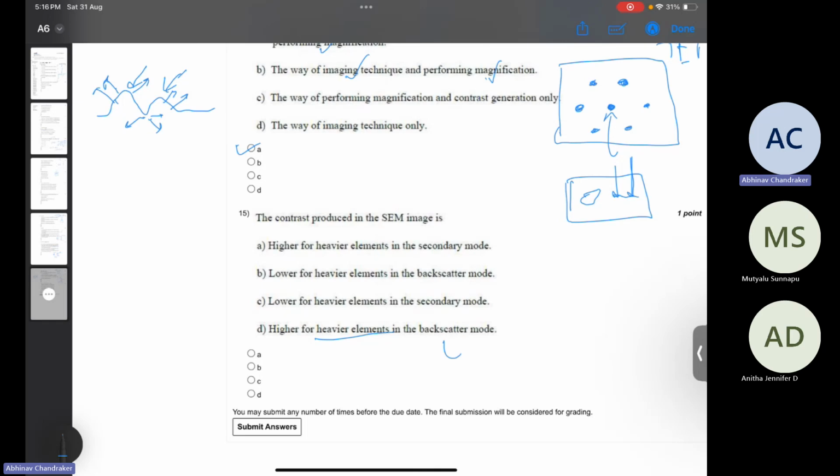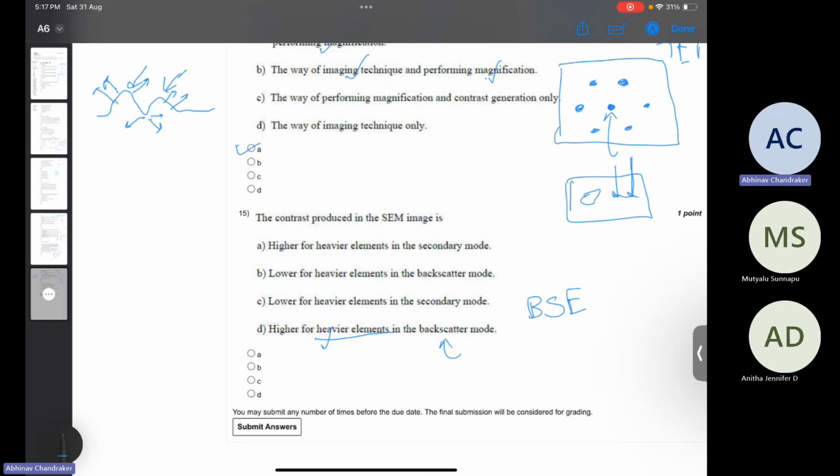But BSE involves interaction with the nuclei of the atom. So if the element is heavier, the nuclei will be bigger, it will have a higher charge, so the interaction will be more. So BSE yield is more for heavier atoms.